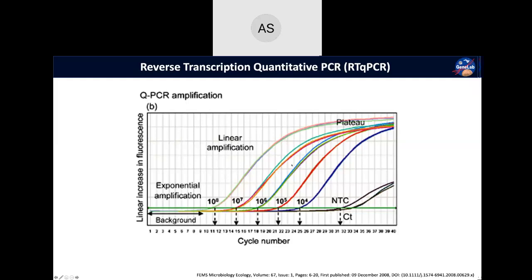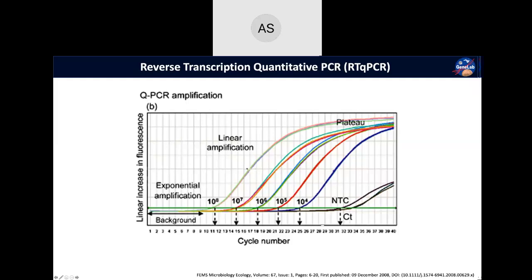So how you analyze this is you really want to look for this linear amplification phase. So you basically are going to pick a region in this linear amplification phase, and on the y-axis here you have your fluorescence, on the x-axis here you have your cycle number. And so you pick a location where everything is in the linear phase, and now you can start to see, okay, at what cycle number does this sample reach this amount of fluorescence, right?